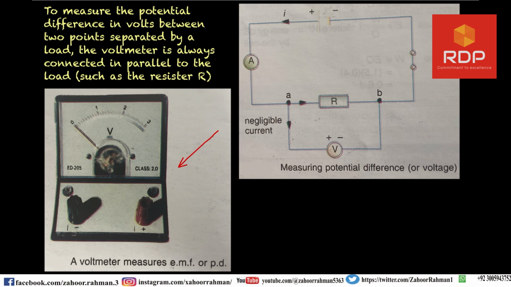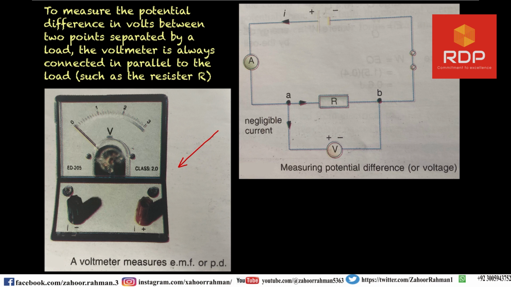As I told you earlier, both the potential difference and EMF are measured by one device called a voltmeter. Another device which is also used is called an ammeter, but mostly we are using a voltmeter.